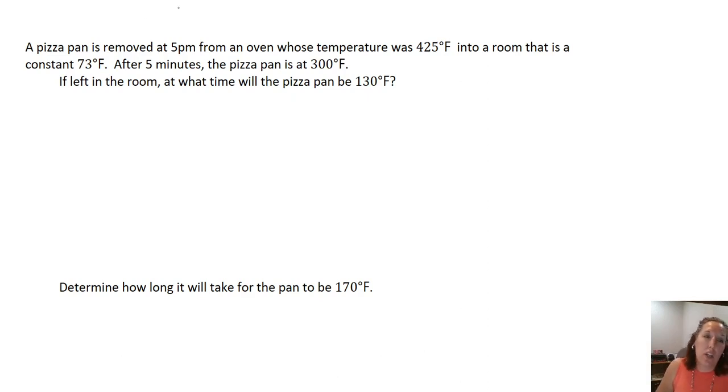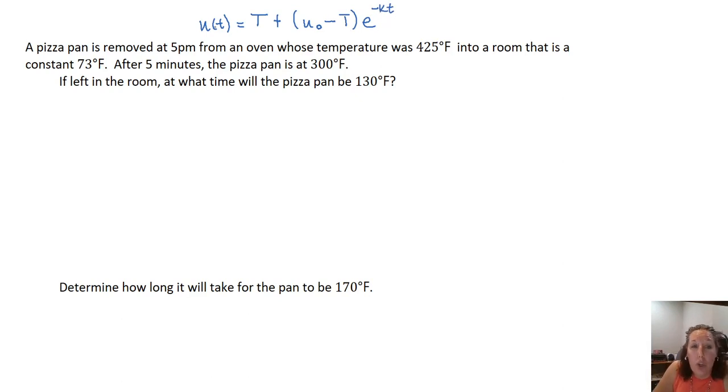All right, so Newton's law of cooling says that our temperature at time t is going to be the temperature of our room, that should be plus, the difference between the temperature of the original minus the temperature in the room, times e to the negative kt.